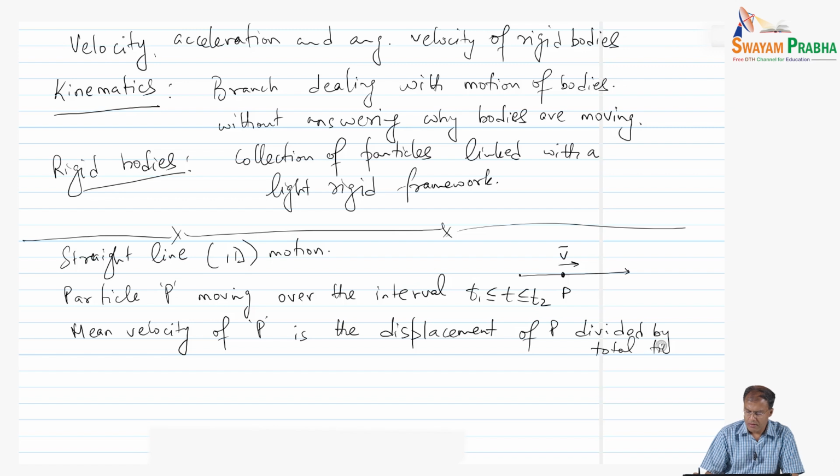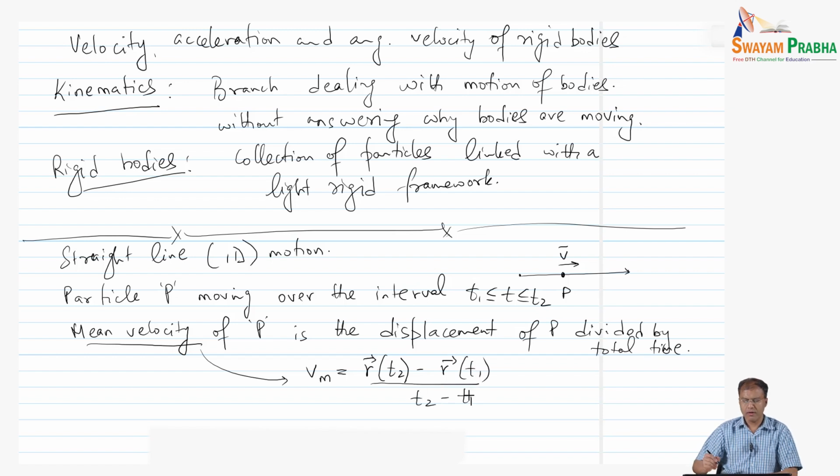We have already introduced the concept of displacement in the first module. Just the formula: we denote the mean velocity as v subscript m. So the mean velocity is the position vector of the particle at T2 minus the position vector of the particle at T1, divided by T2 minus T1. Okay. So that's the mean velocity.